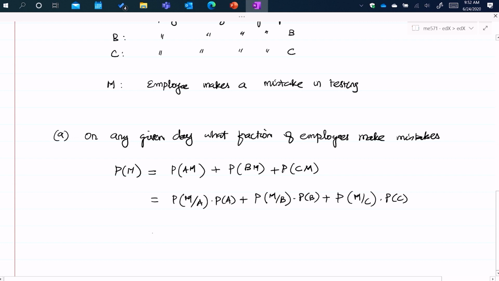So I know probability of M given A. We are told that 11% of group A makes mistakes. Therefore, probability of M given A is 0.11.